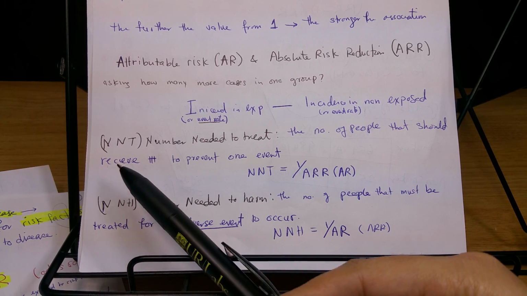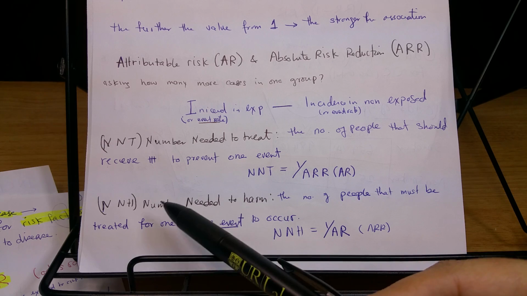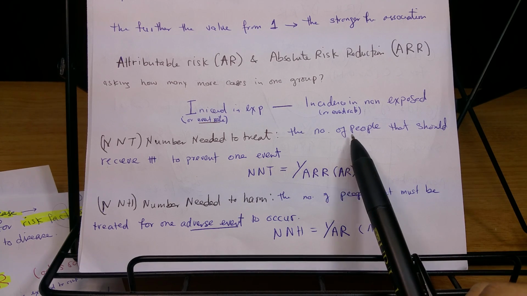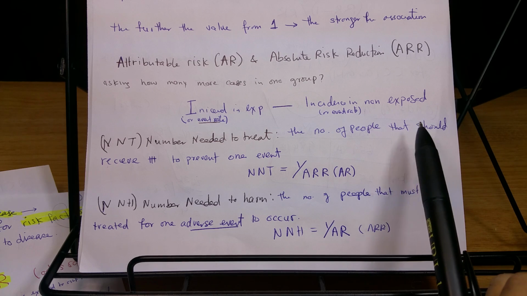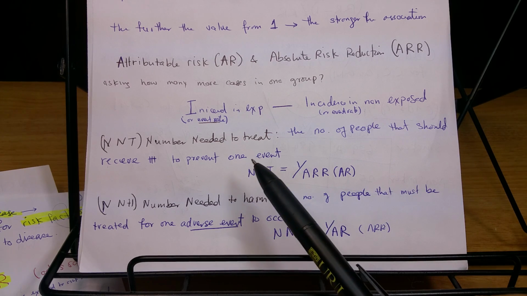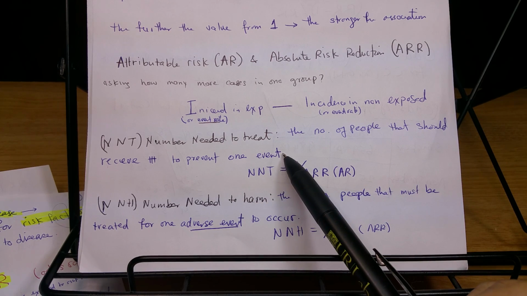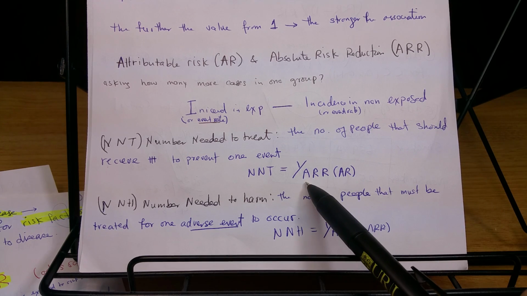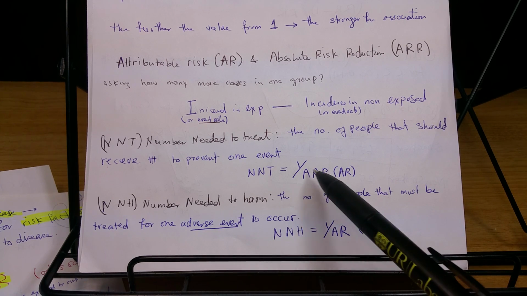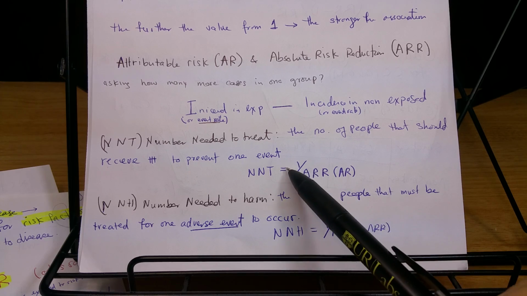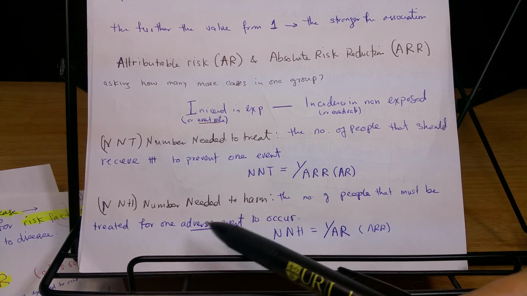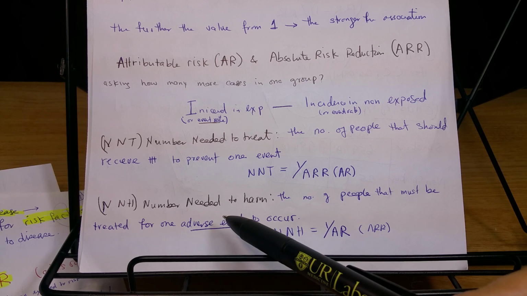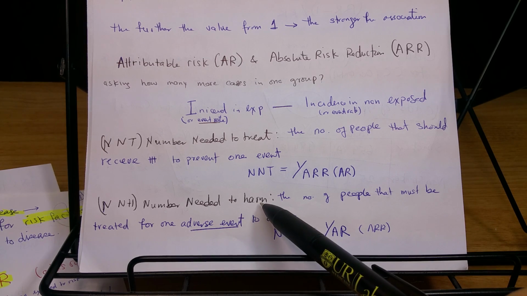The number needed to treat, or the number needed to harm, is the number of people that should receive treatment to prevent one event. It's the reverse of absolute risk reduction or attributable risk. It's just a different name, applied differently, but the same principle.